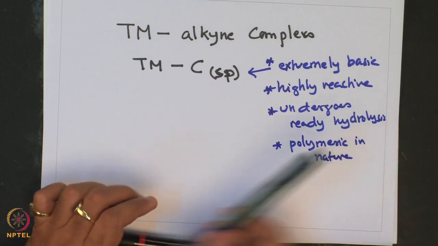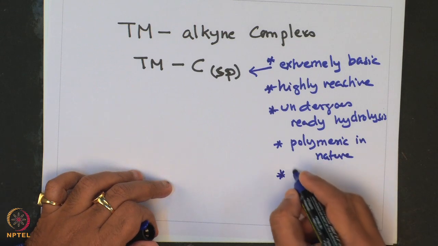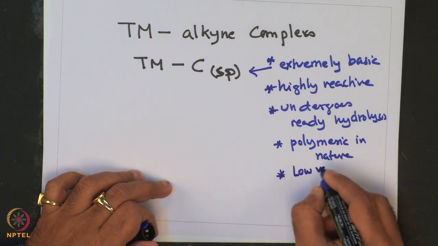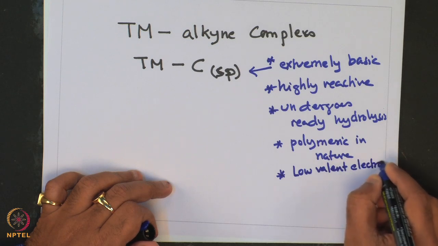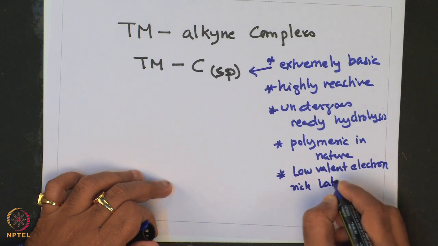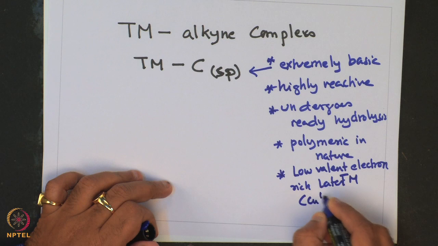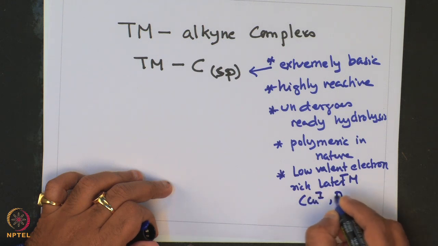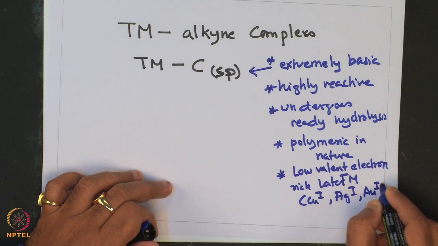And these mainly are observed for low valent, electron rich, late transition metals like copper 1, silver 1 and gold 1.